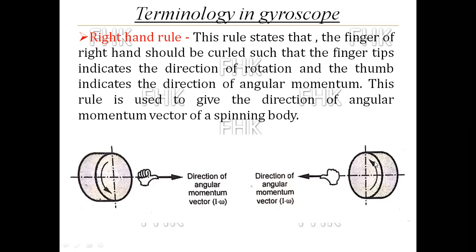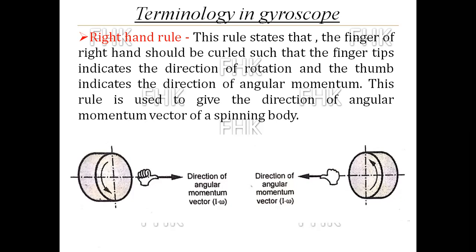In this second figure, if you observe from the left hand side, you can see whether the rotation of the rotor is in the clockwise or anti-clockwise direction. Your curling fingers will indicate the direction of rotation of the rotor.